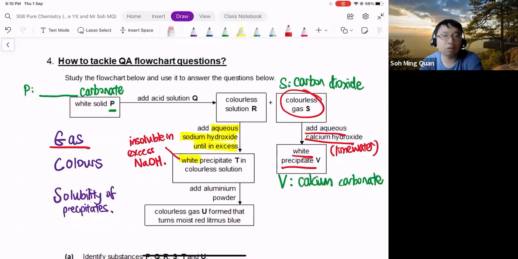The fact that they just wrote white precipitate means it didn't dissolve in excess, right? If it dissolved in excess, they would just write a colorless solution is formed. Full stop. But it's not. They wrote white precipitate formed. That means T is insoluble in excess NaOH. If you study, oh, it's not zinc. Oh, it's not aluminum. Oh, it's not lead. It's calcium.